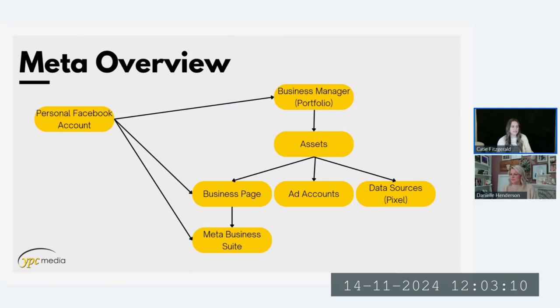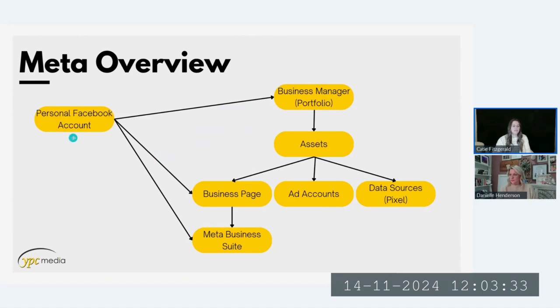If you sell products, that's even catalogs, and it goes on and on from there. Most all businesses have a business manager or a portfolio. You might have gotten wrapped up into one, and we're going to go through all those details. So that personal Facebook account gets access to that manager that gives access to all those assets.